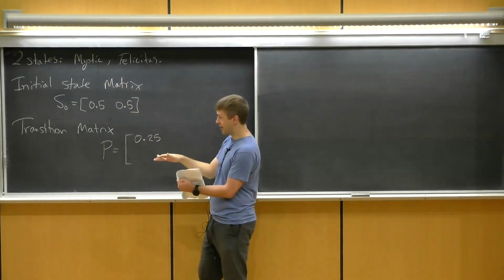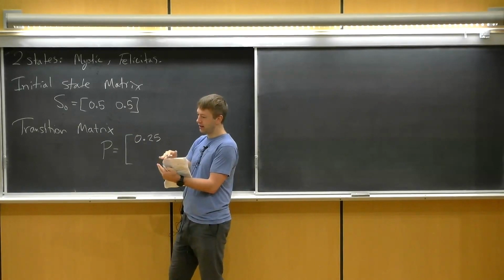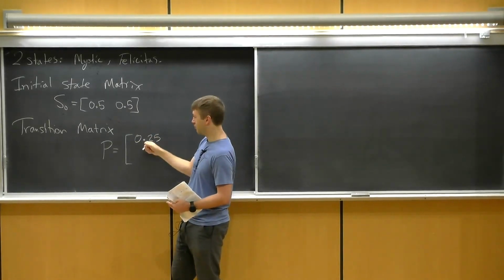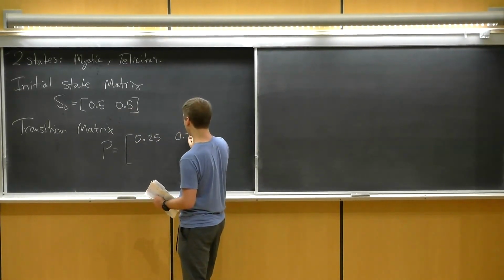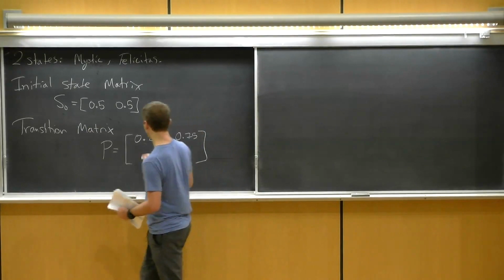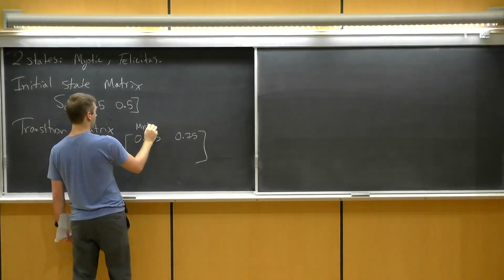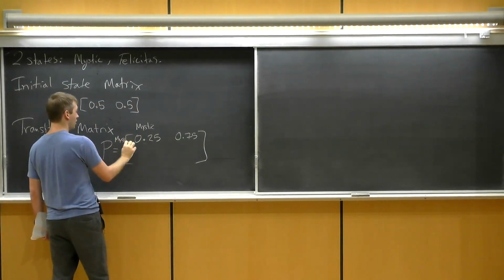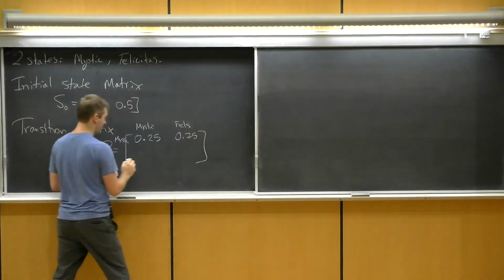If the previous day was Mystic Market, the probabilities for the next day are 0.25 that he's going to go to Mystic Market again, and 0.75 that he's going to switch. So this row represents Mystic Market and this one represents Felicitas.